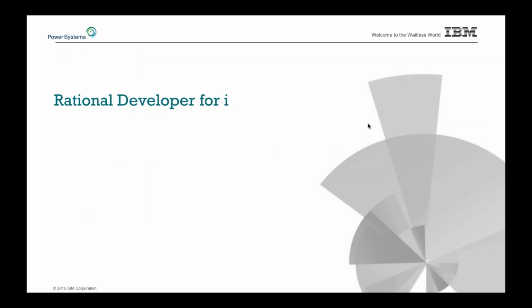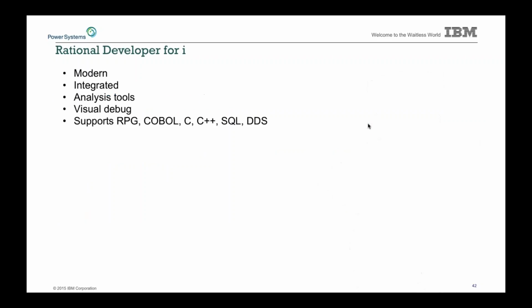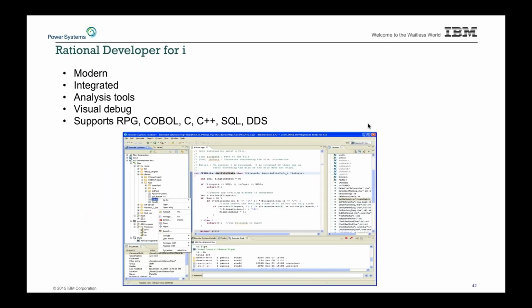Okay, next, Rational Developer for i. We have our new 9.5.1 version of RDI. It is our modern toolkit for doing RPG, COBOL, C, C++, SQL, DDS development. This is the place to do your development.